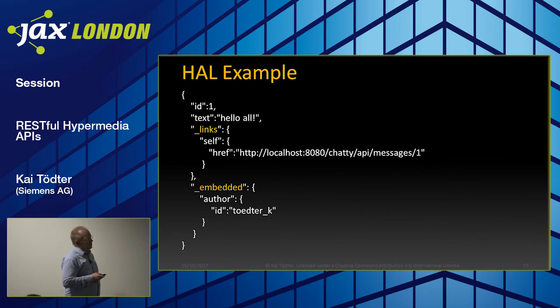So here's a concrete example of how such a JSON HAL output looks like. Here we have the normal properties id with the value 1 and text with the value hello all. And here in yellow we have the 2 things that HAL provides additionally, which are underscore links and underscore embedded. The underscore is because HAL doesn't want to conflict with normal properties, and it depends on your domain.